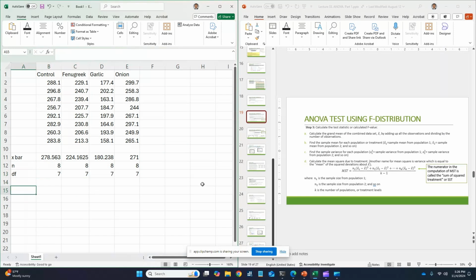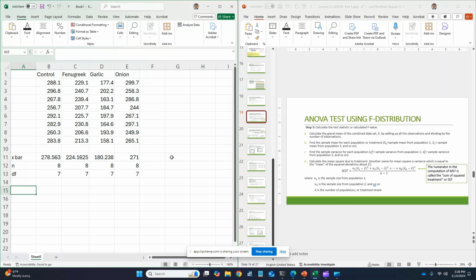Now, we need to calculate X bar 1 minus the overall average, X bar 2 minus the overall average, and so on and so forth. So we need to calculate the overall average as well.